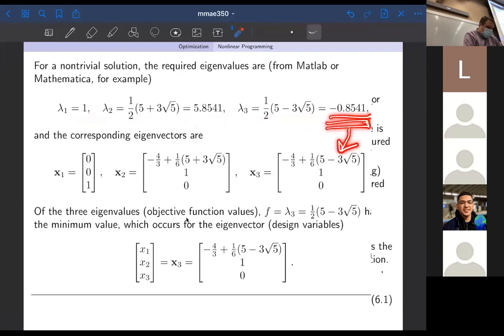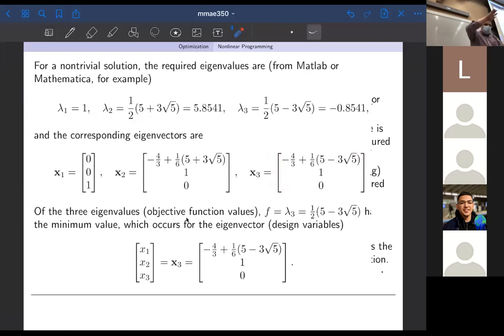And the corresponding vector, eigenvector x3, gives me the values of x1, x2, and x3 that correspond to that minimum. So here's x1, x2 is 1, and x3 is 0. So always be looking for that. And of course, I always like to point those things out: what's the relationship between the physical problem that we're trying to solve as engineers and the mathematical problem that corresponds to it?